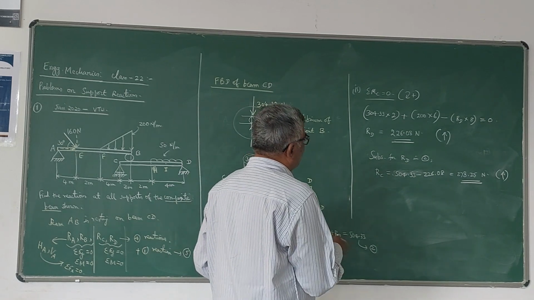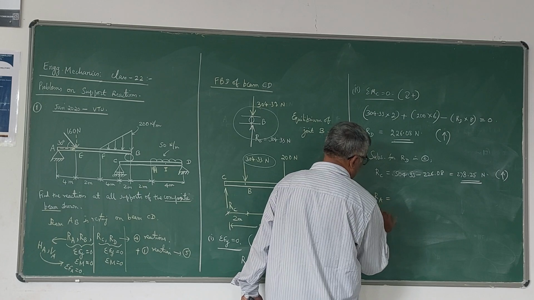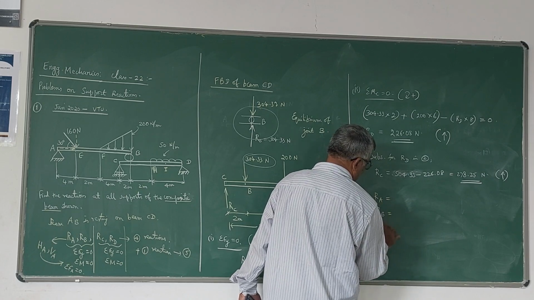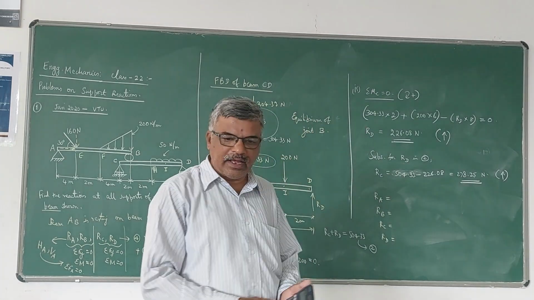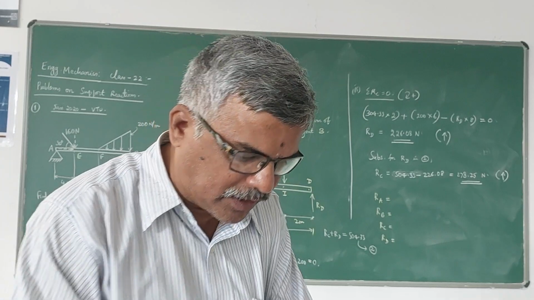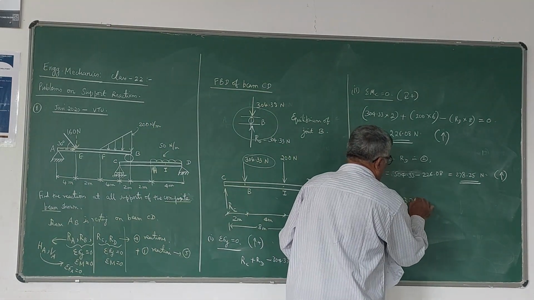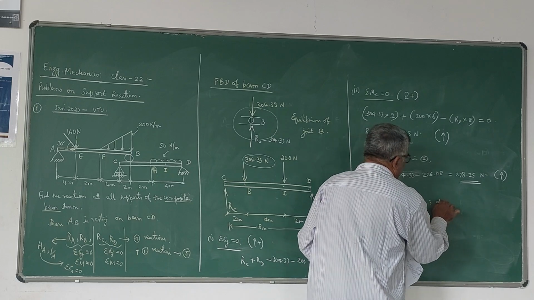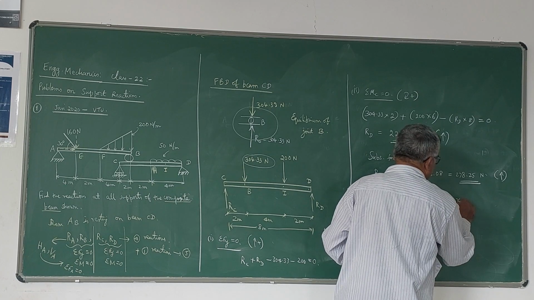Like this, you can find out all the four reactions: RA, RB, RC, RD. RA is 223.74 Newton, and the angle with the x-axis is alpha, 51.74 degrees.